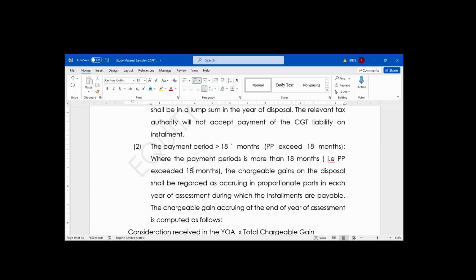In that case, the capital gain tax will be paid on installments, provided that the installment period is more than 18 months. In that case, the capital gain tax too is going to be paid based on the number of installments.